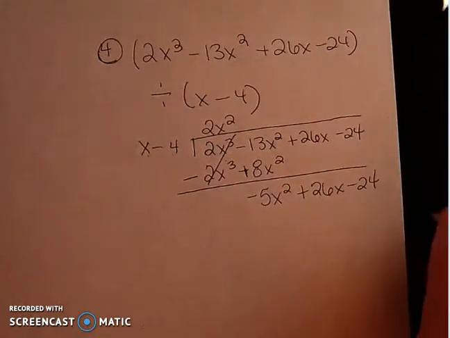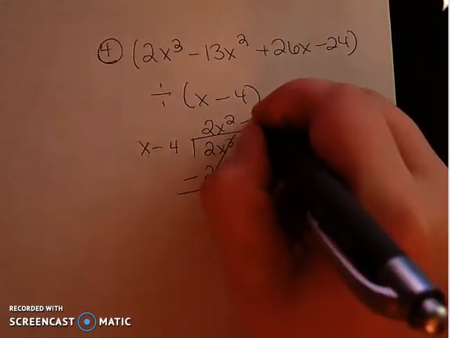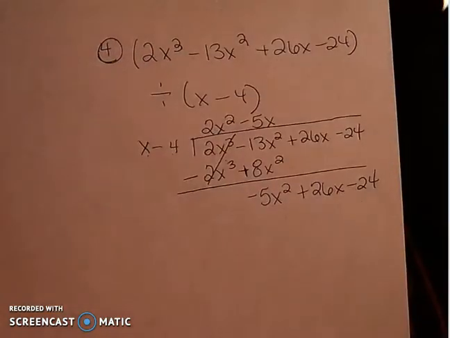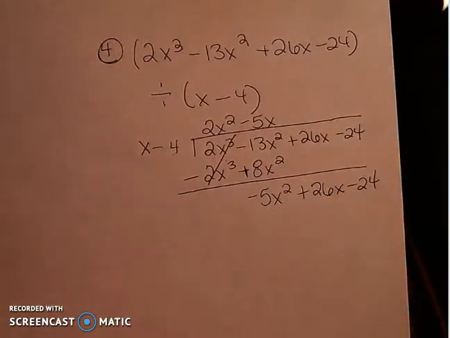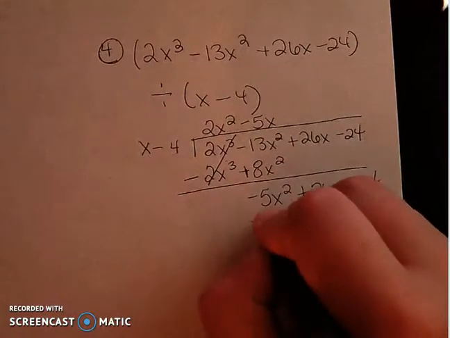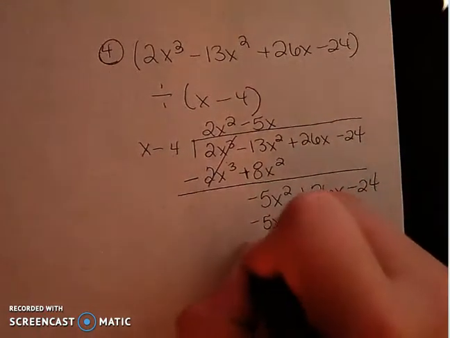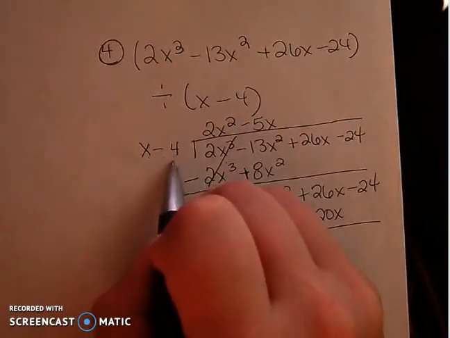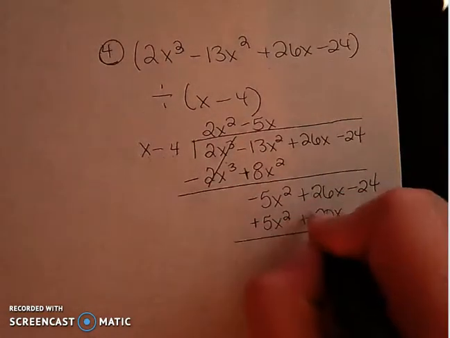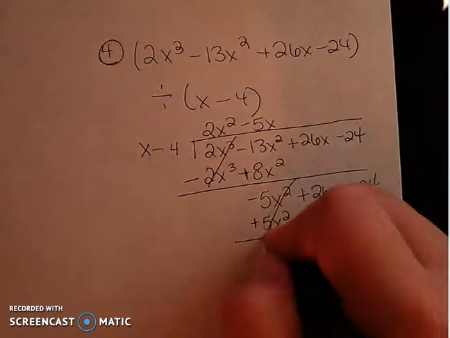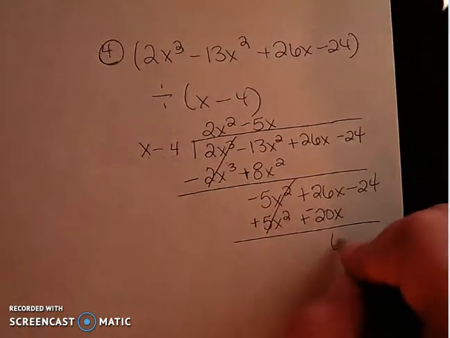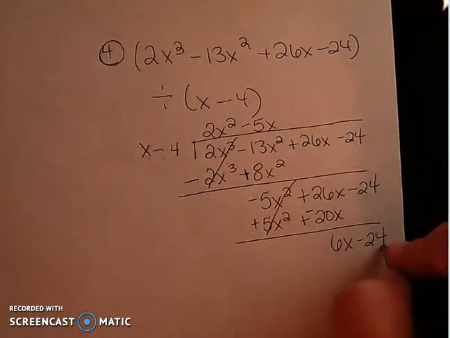Then you do the same thing again. This time it would be negative 5x, which would give me negative 5x squared when multiplied to x. So that would be negative 5x squared plus 20x when distributed to both terms. You change the sign of both, so the first two cancel, and leaves me with 6x minus 24.